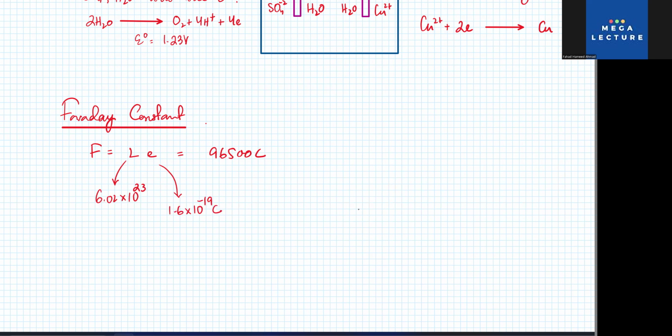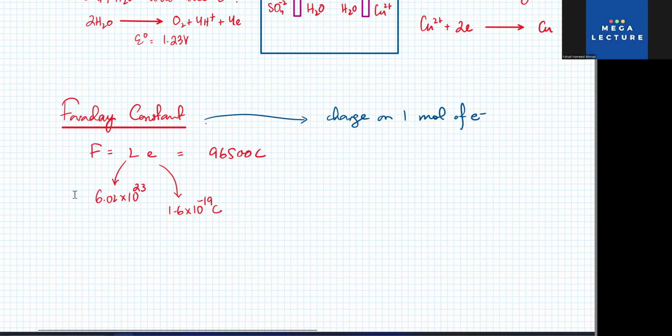So in simple words, what is the Faraday constant? The Faraday constant is the charge on 1 mole of electrons. So 1 mole of electrons is 6.02 times 10 power 23 electrons, and the charge on 1 electron is 1.6 times 10 power minus 19 coulombs.